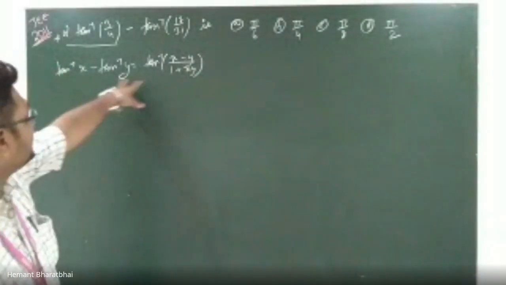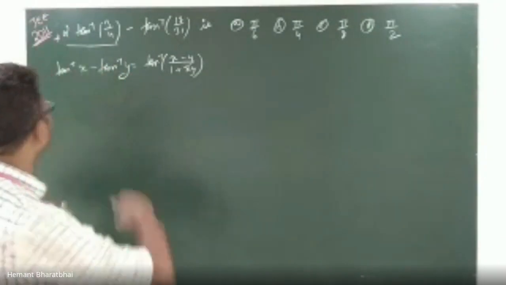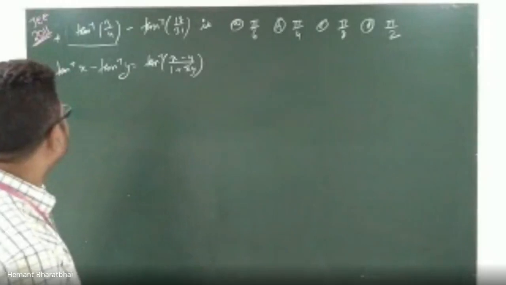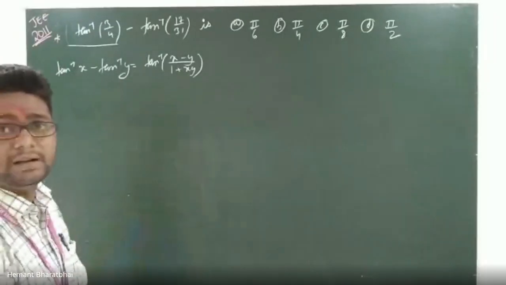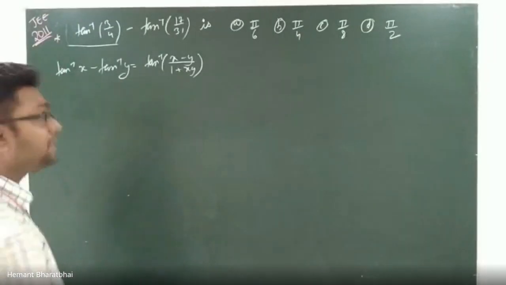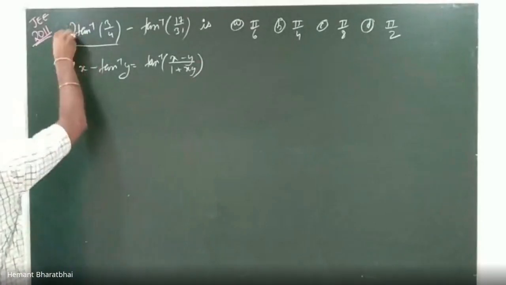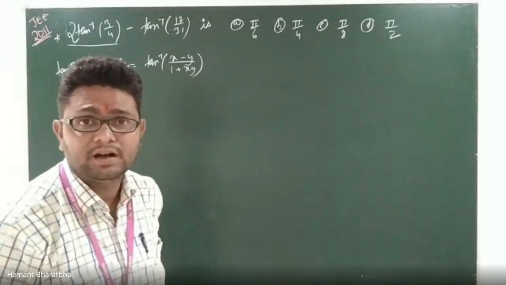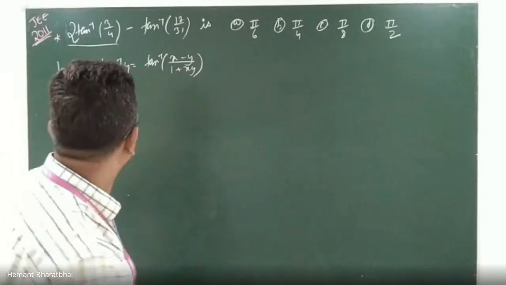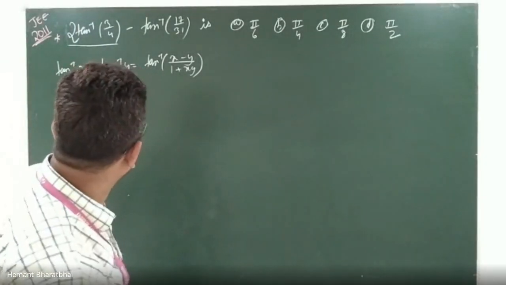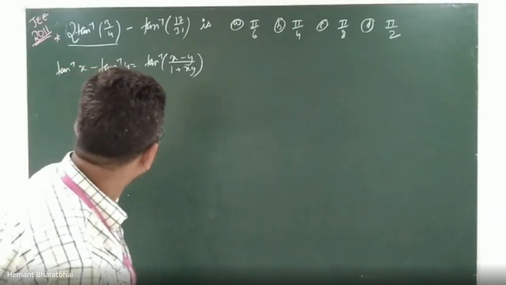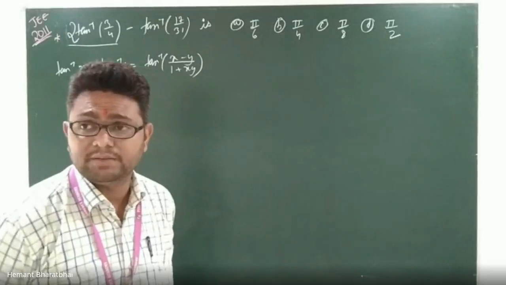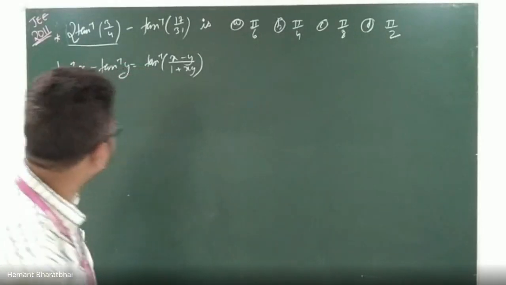I could have applied this formula if it was tan inverse of 3 by 4, but since I have 2 over here, I directly cannot apply the formula. How will we split it? You could write it as tan inverse of 3 by 4 plus tan inverse of 3 by 4.